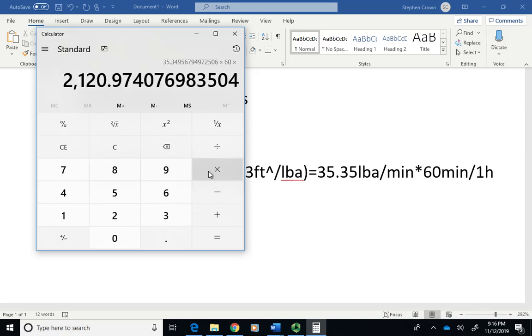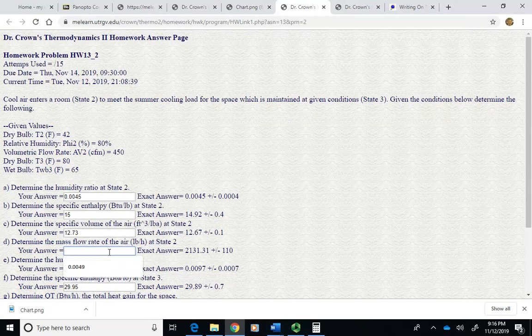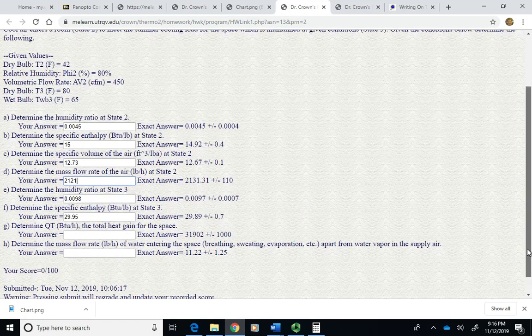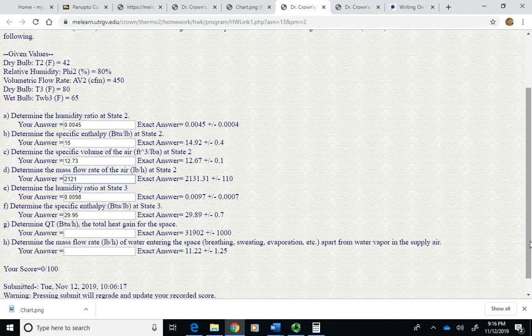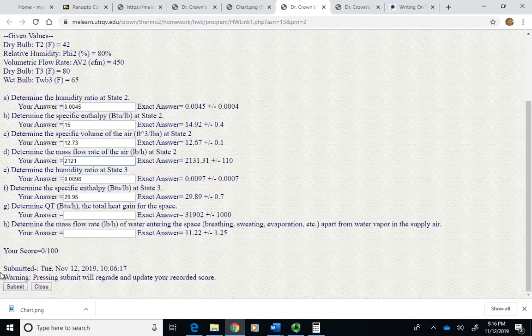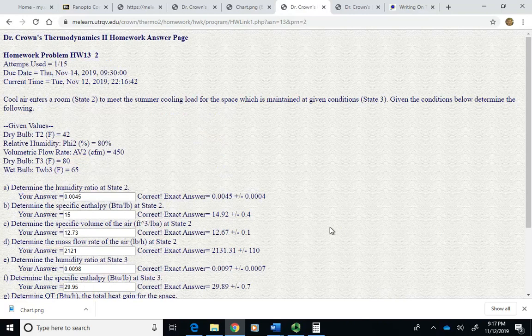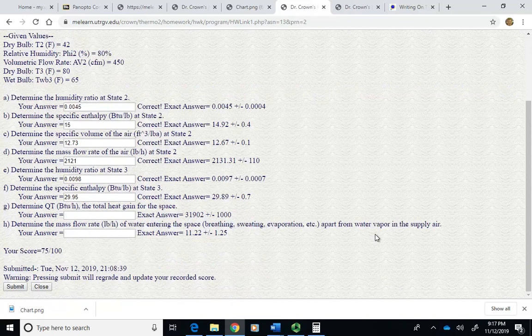So 2121. All right, and just see how I'm doing here on my values. I think they're all within range. So I've got everything correct so far.